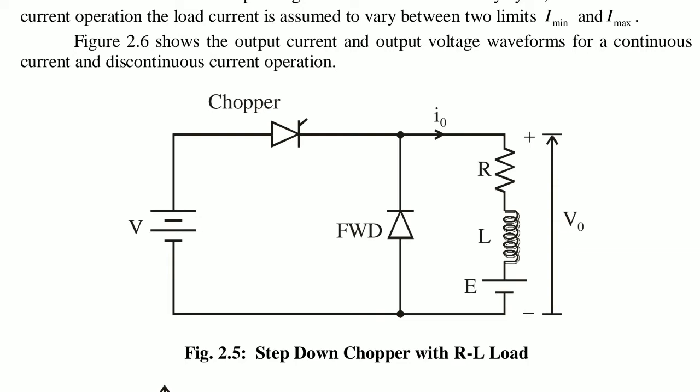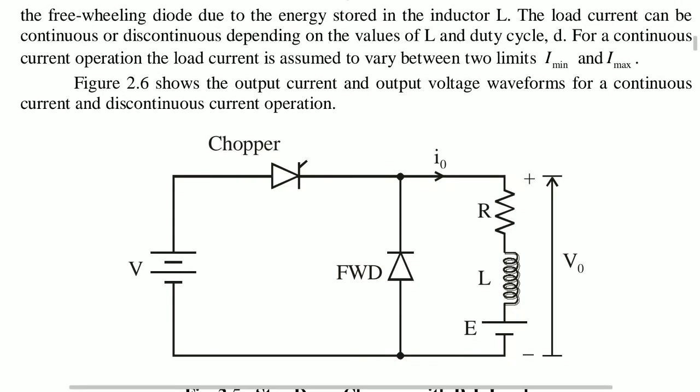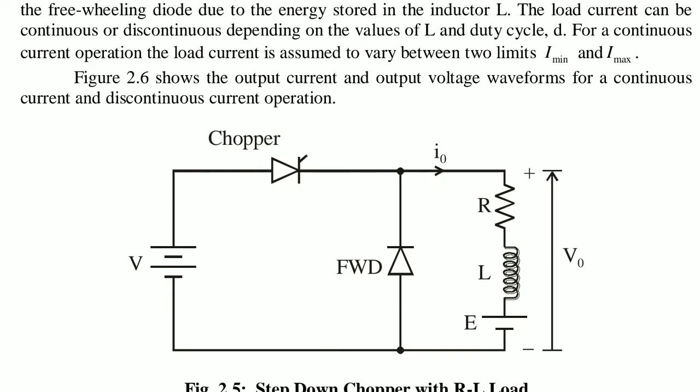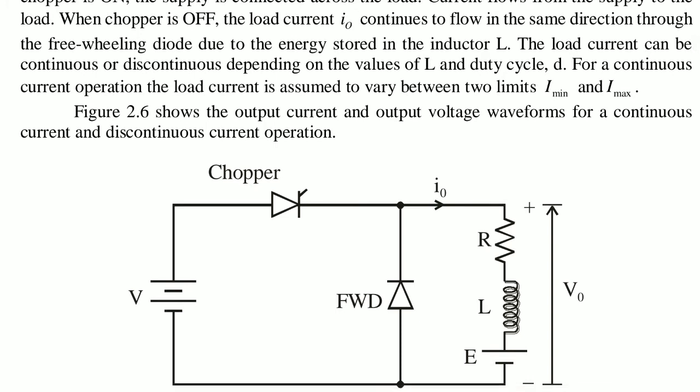The complete voltage will appear across the output side, but when the chopper is off, the load current IO continues to flow in the same direction, and it will flow from the load through the freewheeling diode because of the energy stored in the inductor L. The inductor stores energy in the form of an electromagnetic field, and due to the freewheeling diode, the energy stored in the inductor will be discharged through it.